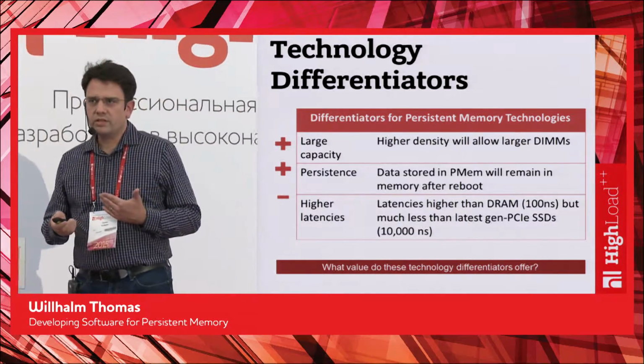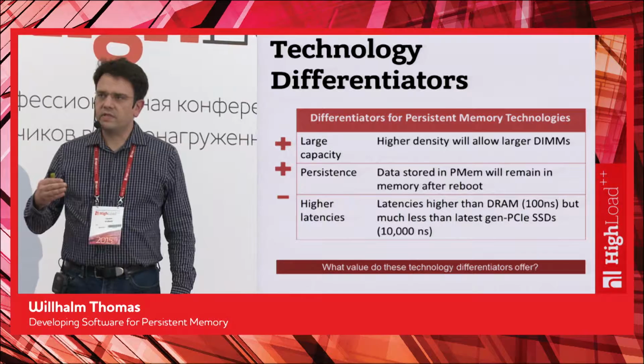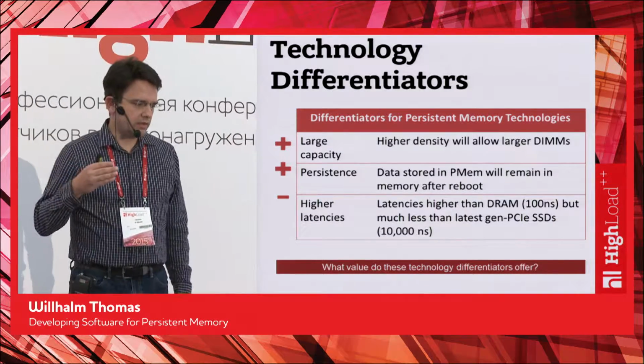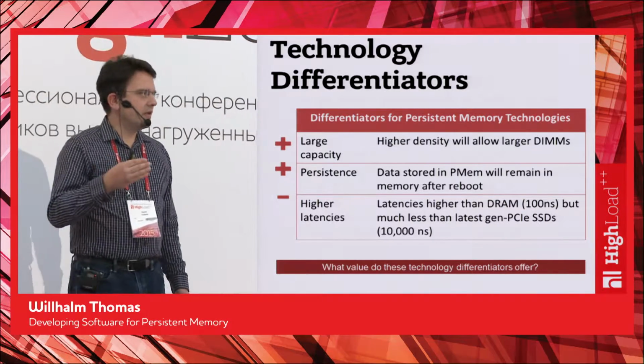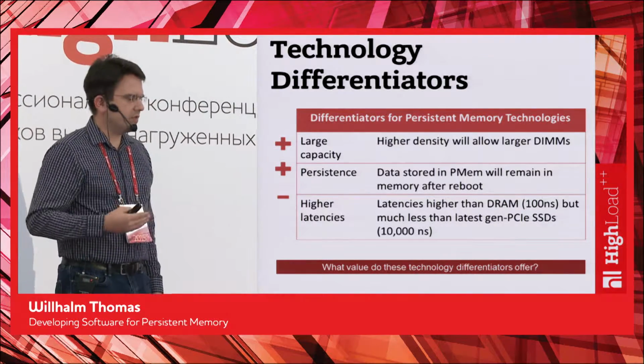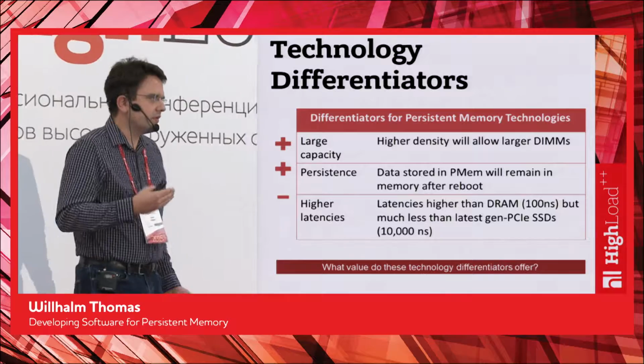One disadvantage is that the latencies of this memory will be slightly higher than for DRAM. But still much better than what you have on an SSD today, or even in future.